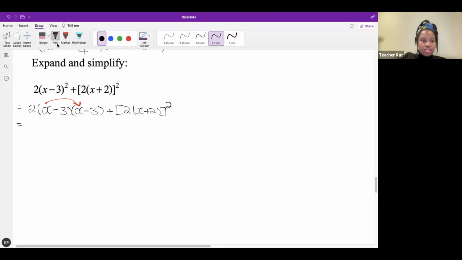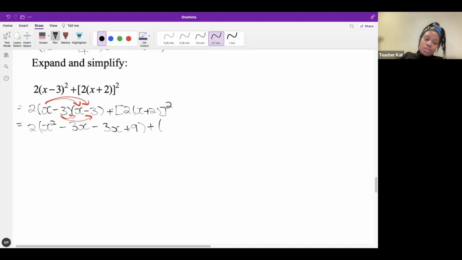First is x times x, that is x squared. Outer, x times -3, that's -3x. Inner is -3 times x, which is another -3x. And last is -3 times -3, which is +9. Nice.